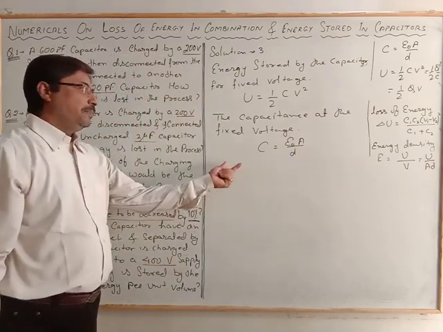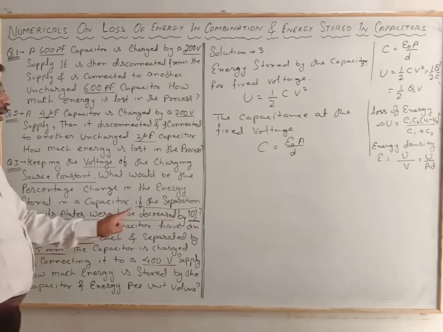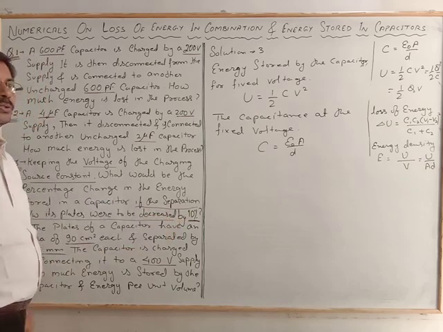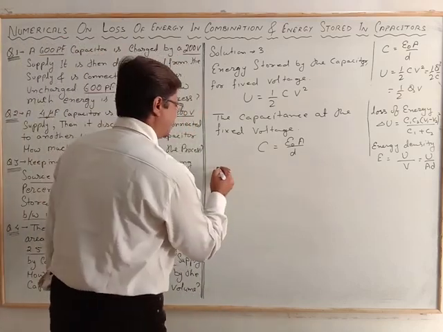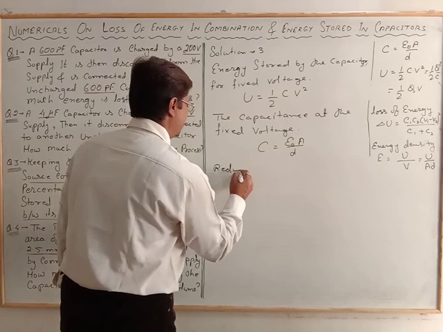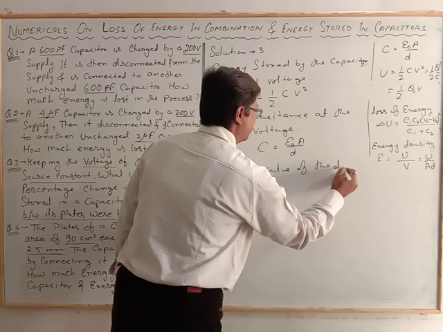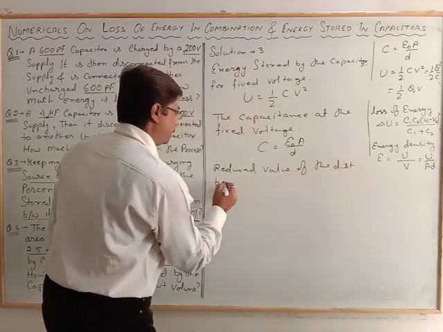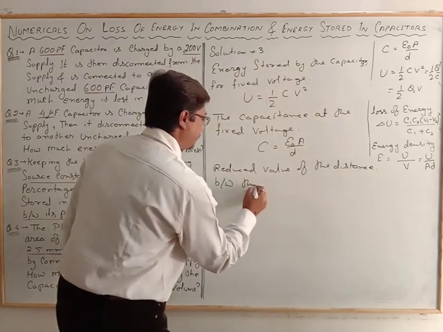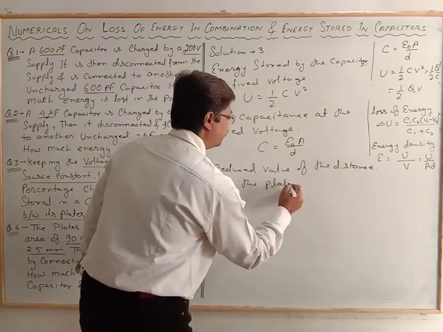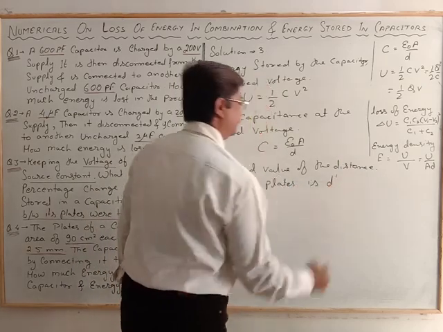Now the separation between the plates is reduced by 10%. What was the earlier? Now the 10% has been decreased, and the reduced value of the distance between the plates is d dash.